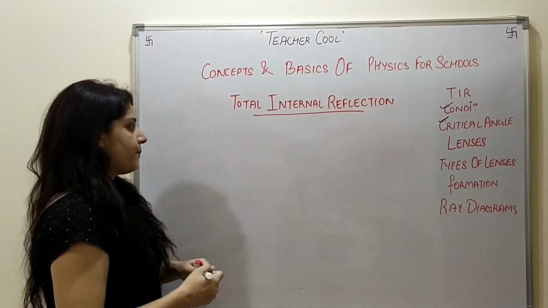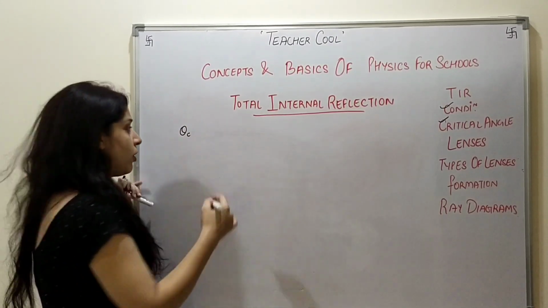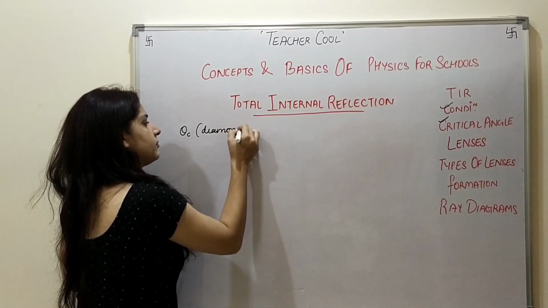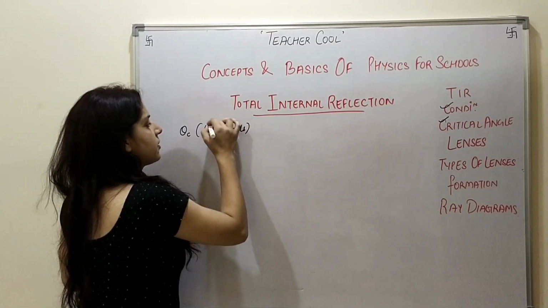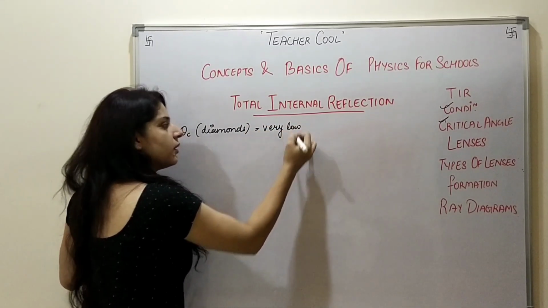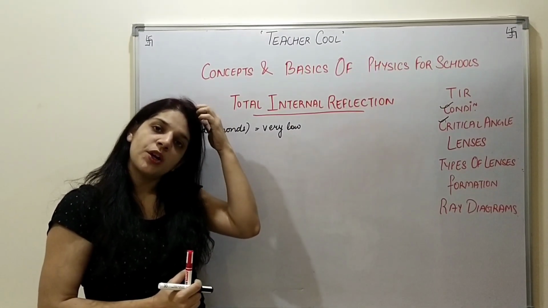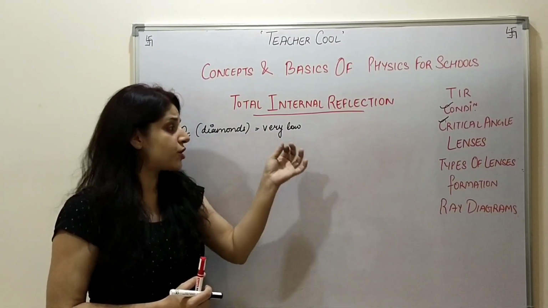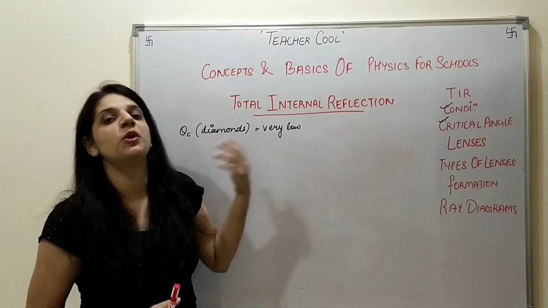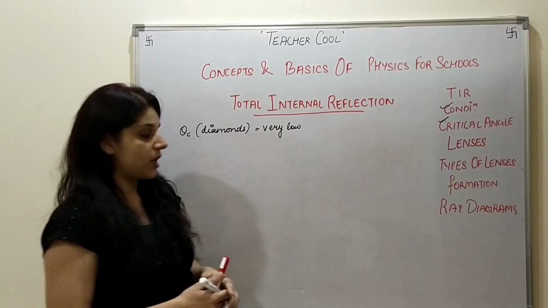We say that theta c, which is the critical angle for diamonds, is very low. That means we'll be left with a very small range of angle of incidence for which my ray of light will get refracted. Otherwise, my ray will keep on getting reflected back inside the denser medium.